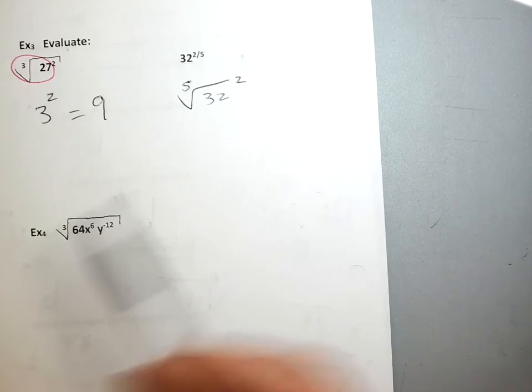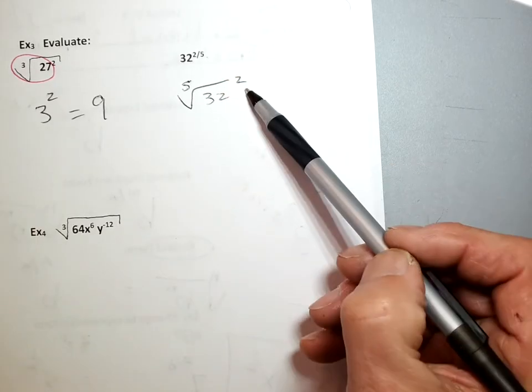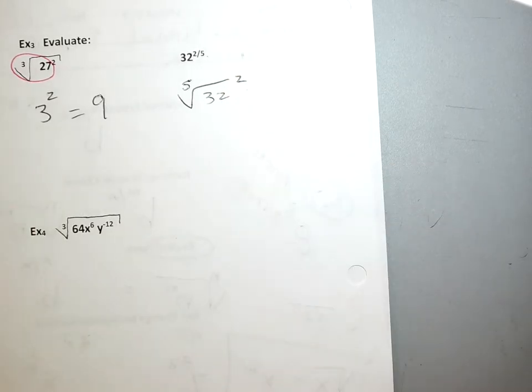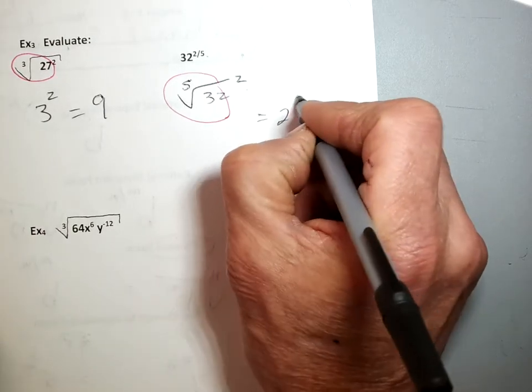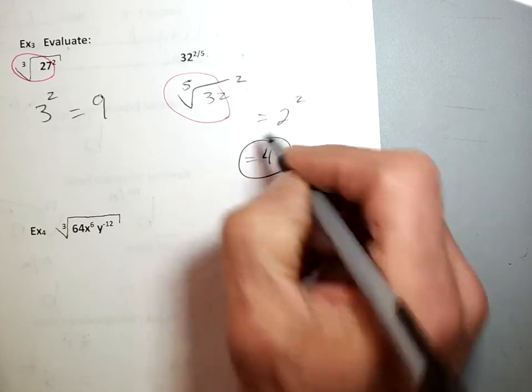You okay with that? There's my root, and there's my power. Again, I could go 32 squared. Don't. But let's do the root first. What times what times what times what times what makes 32? Everybody agree with 2? Okay, so I've got a 2 to the second power, which is 4.